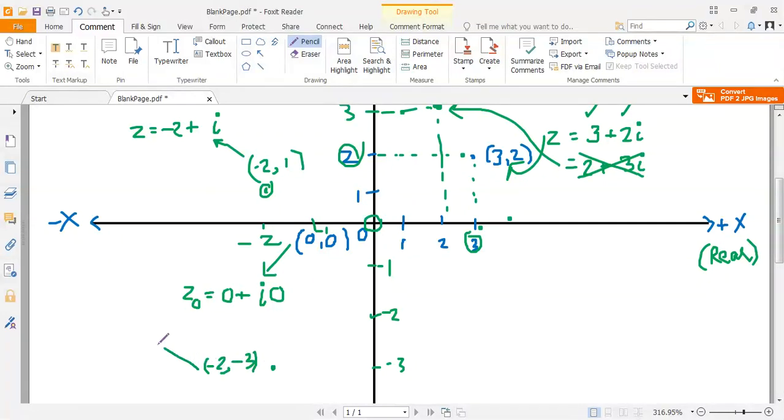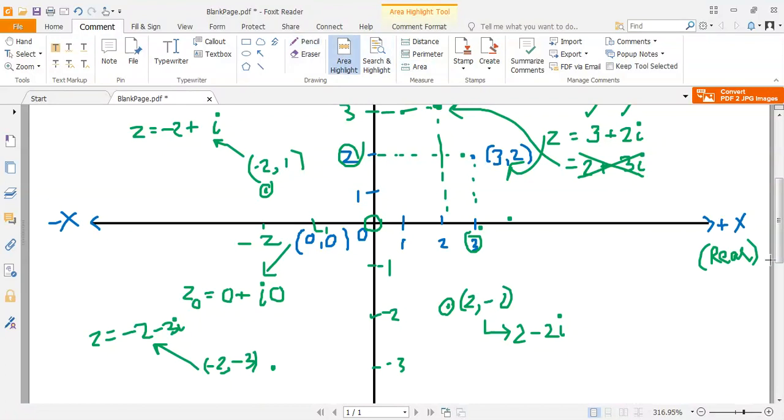So we'll have somewhere around here the complex number -2, which is the real part, -3, which is the imaginary part. Again, this would be the point 2 comma -2. That would be representing the complex number, pardon my writing, where the real part is positive, so 2, and the imaginary part is negative, -2i.